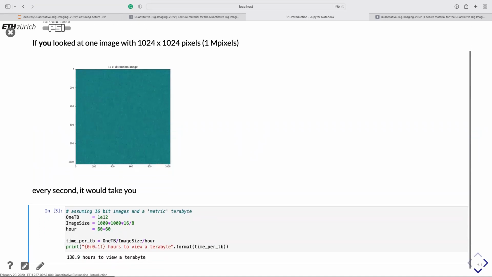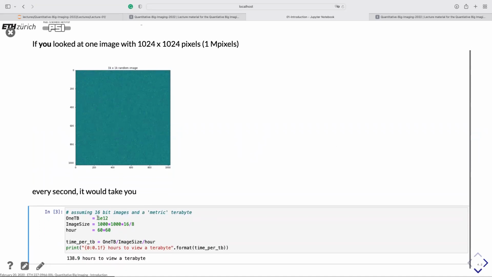So let's do a calculation. We have 1 terabyte as this amount. Then we have the image size, and this is metric, by the way, in bytes. So this is then 16-bit. And an hour is 60 by 60 seconds.